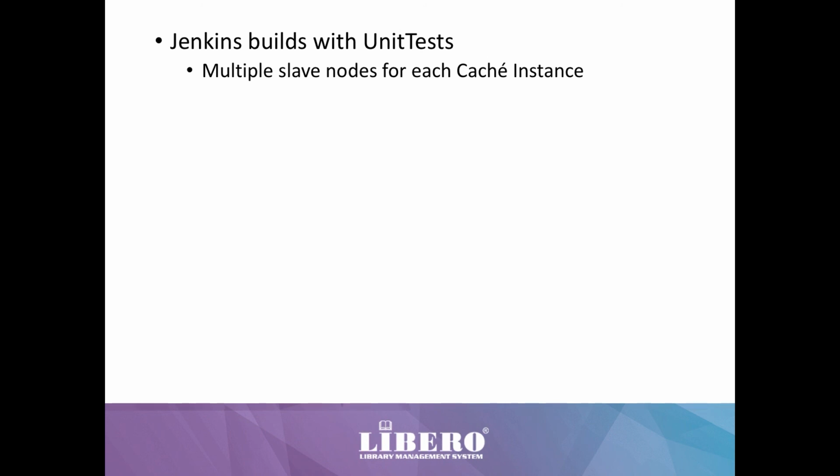We have multiple slave nodes with a Caché instance and a build process. We load code to Caché, compile it, run some unit tests, and we should clean our Caché instance after that, because we need this instance clean for the next build.